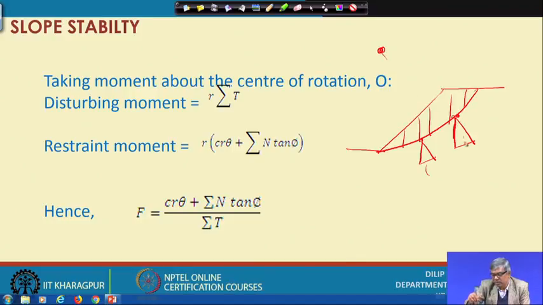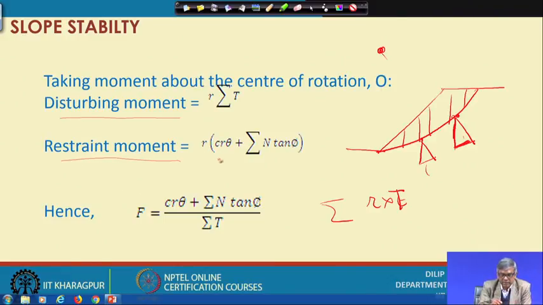The center is here, so for each T, r multiplied by T, T I will find out for each, and then if I sum it up, you will get the total disturbing moment. The restraining moment will be r multiplied by C r theta plus N tan phi. So, this is the one multiplied by r, that will be the restraining moment, and then ultimately your equation becomes C r theta plus sigma N tan phi divided by sigma T.